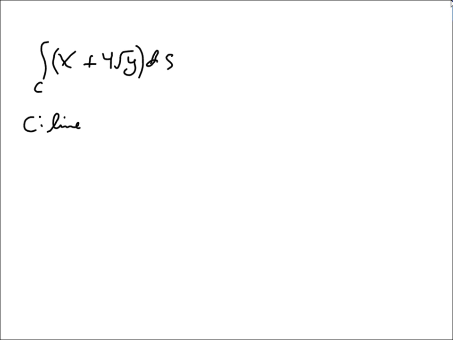Okay, suppose you have the integral of x plus 4 square root of y ds over some path. And the path is just the line from 0, 0 to 1, 1.